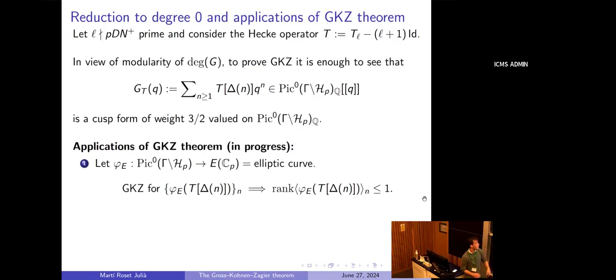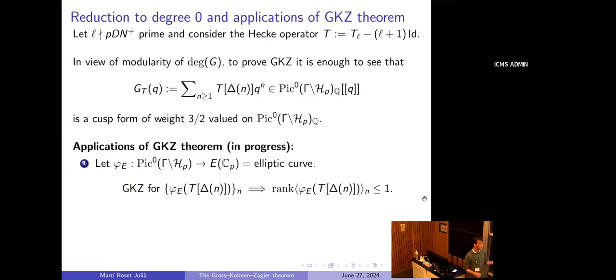And we can apply this functional to each of our coefficients. And my claim is that the generating series made of the projection of our Heegner points to an elliptic curve is a modular form, so the Gross-Kohnen-Zagier theorem, together with some extra work, implies that the rank of the group spanned by these Heegner points is smaller or equal than 1.